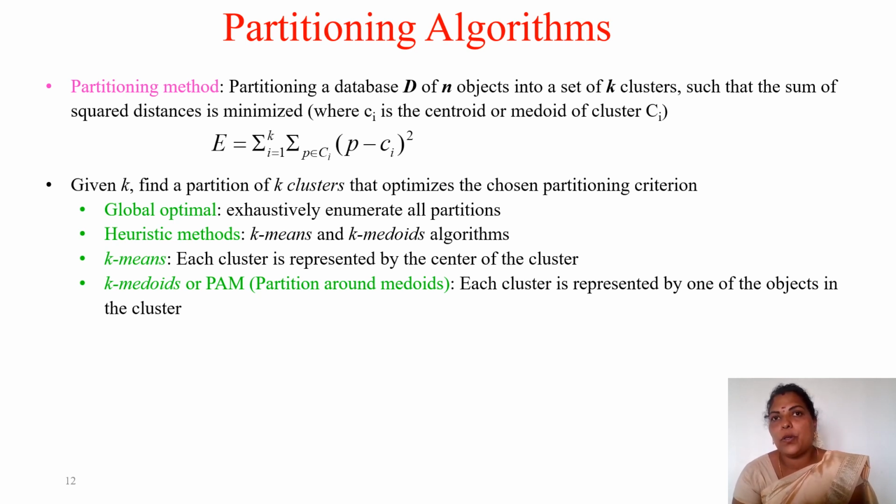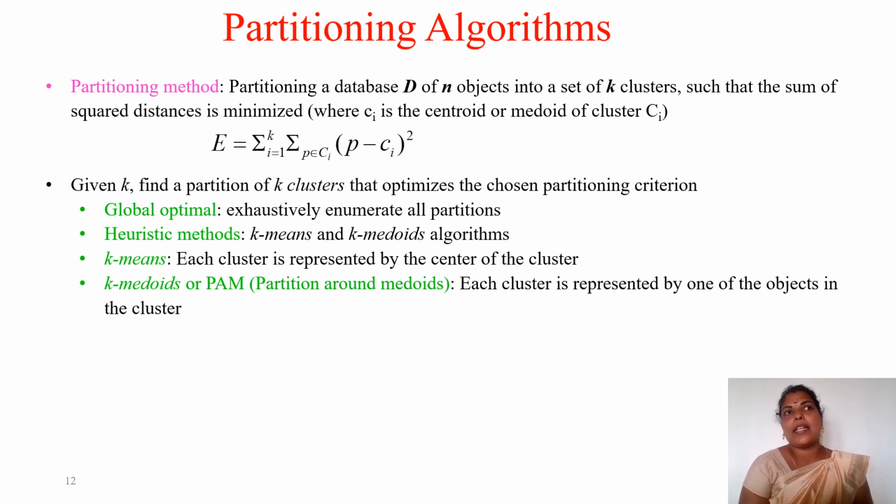Then as it goes through different epochs, we create new centers of the clusters. Next is k-medoids or partitioning around medoids, where each cluster is represented by one of the objects in the cluster. All these are variations of different clustering methods, but one famous algorithm, the k-means clustering algorithm, is what we are going to discuss today.